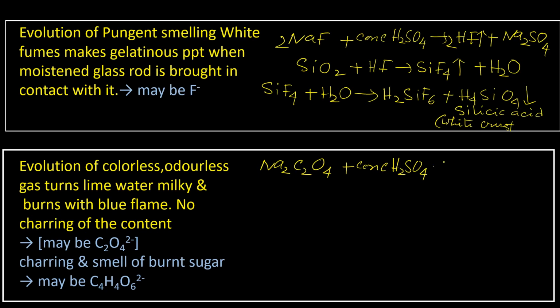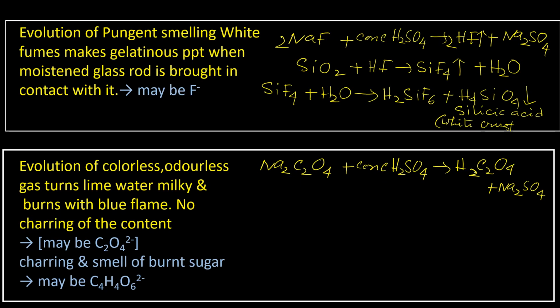Then what we are getting, as usual, the weaker acid will be released. That means oxalic acid plus sodium sulfate. Now what happened? This concentrated sulfuric acid is also a dehydrating agent. So what will it do?